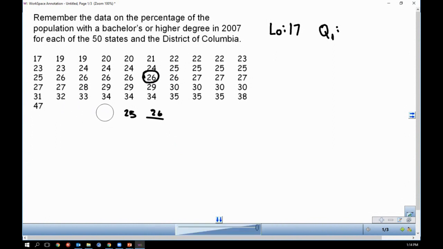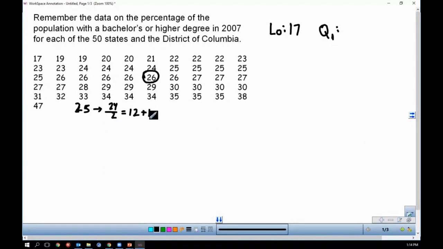So now, the top half and the bottom half each have 25 data points. So take 25, go down 1 to 24. What's 24 divided by 2? 12.